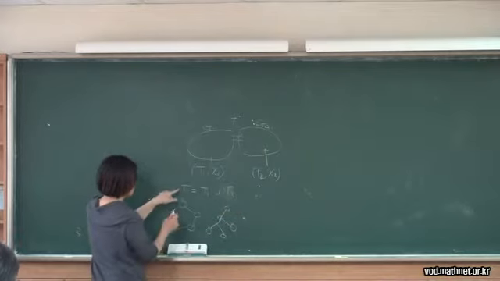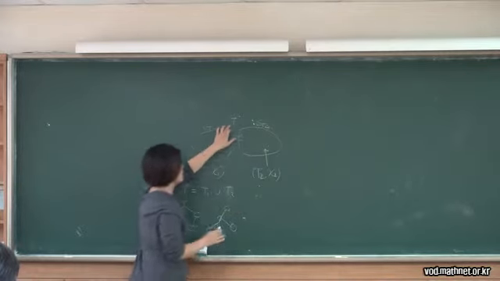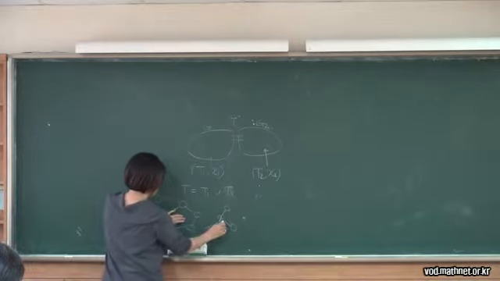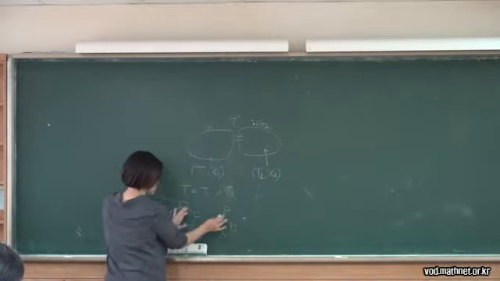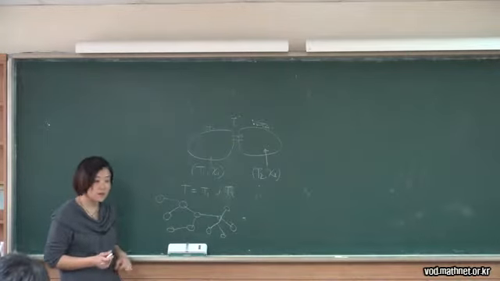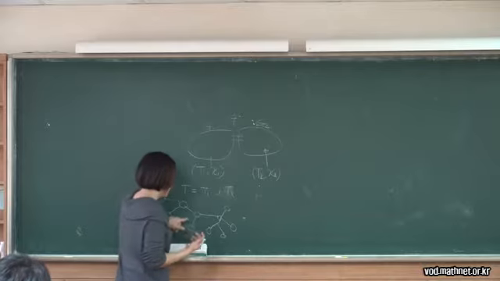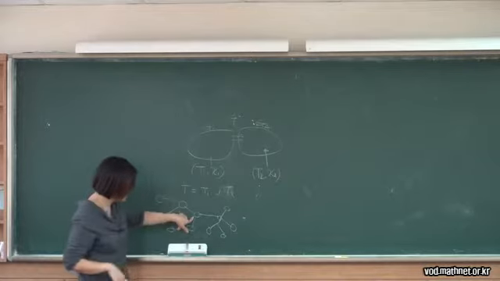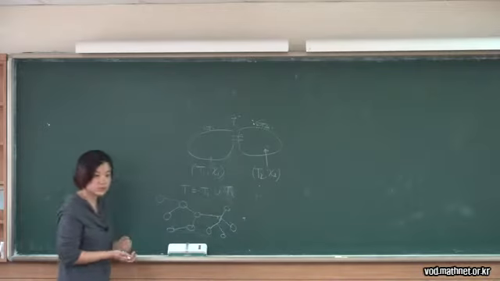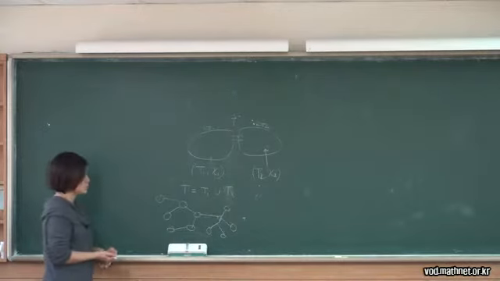And to obtain a tree cut decomposition of the entire graph, what we do is simply put T1 and T2, both tree decompositions, into one place and add an edge like this. Then the tree cut width of this decomposition is the maximum of these two.